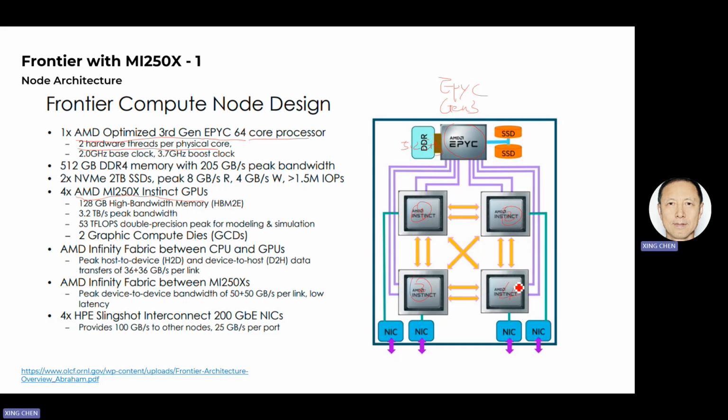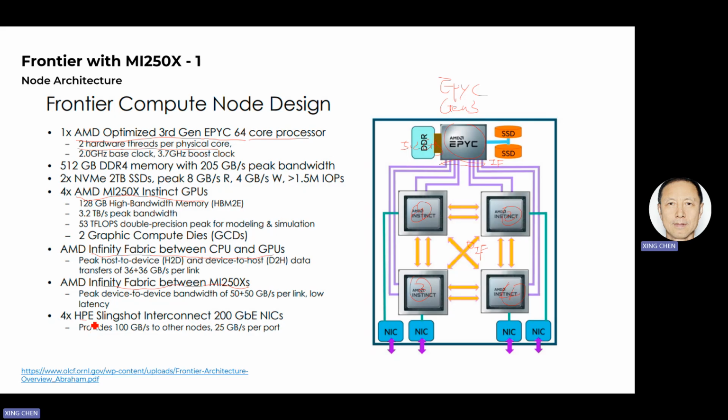You have 4 GPUs, and then you have Infinity Fabric between the CPU and the GPUs. All these are the Infinity Fabric links. And also you have Infinity Fabric between the MI250s. This is the Infinity Fabric between the GPUs.